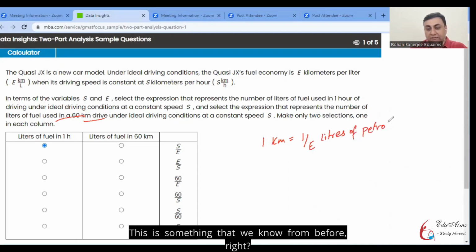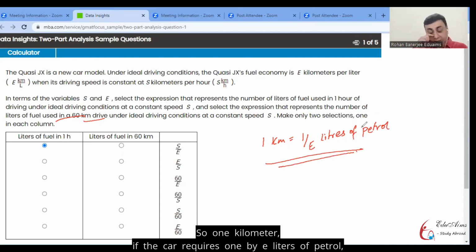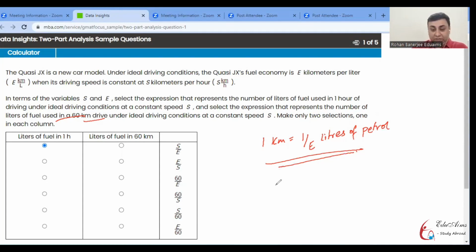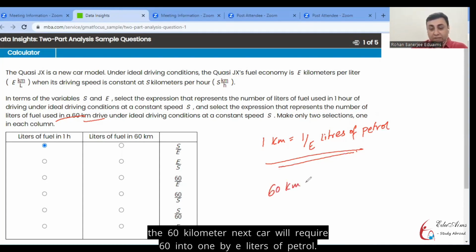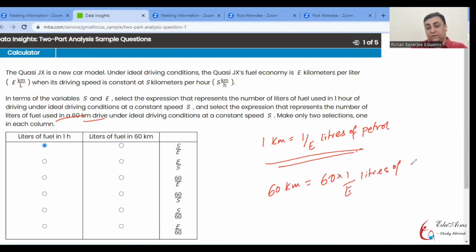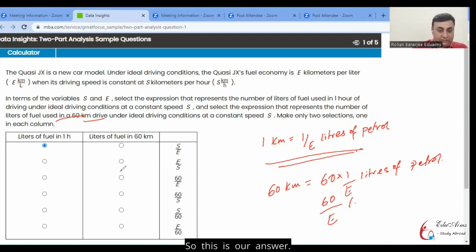This is something that we know from before, right? So if for 1 kilometer the car requires 1 by E liters of petrol, for 60 kilometers the car will require 60 into 1 by E liters of petrol. That is 60 by E. So this is our answer.